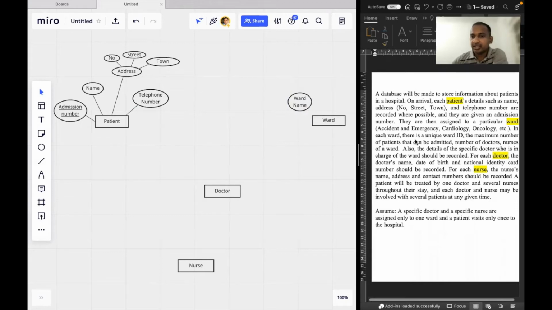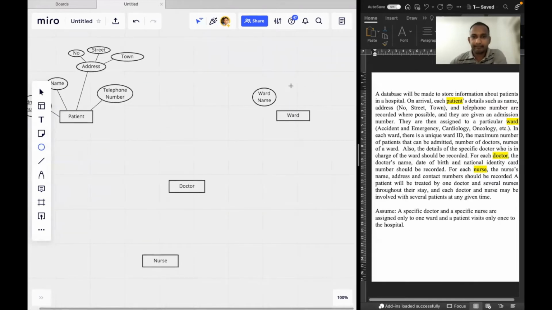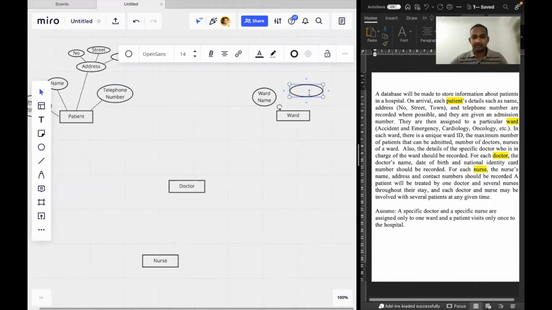In each ward there is a unique ward ID. Okay, unique ward ID. We can take this one as a primary key. Another attribute, ward ID. So we can underline that part.